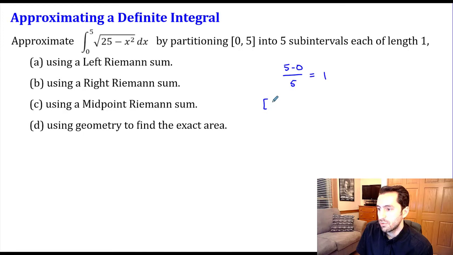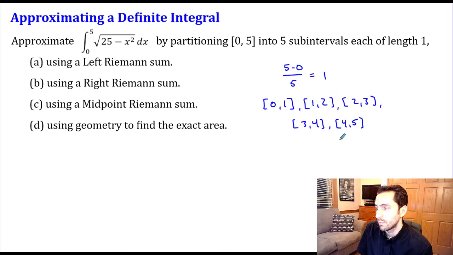So our subintervals are going to be from 0 to 1, 1 to 2, 2 to 3, and so on. Those are the 5 subintervals we're going to be working with. And I want to take a look at the 3 most common Riemann sums. The left Riemann sum, which means we're going to be using the left endpoint of each subinterval.